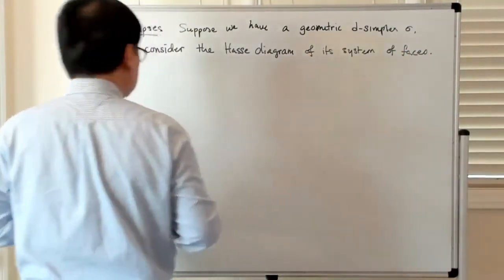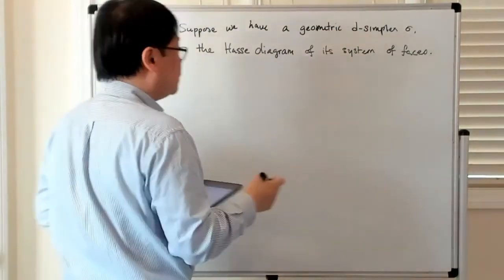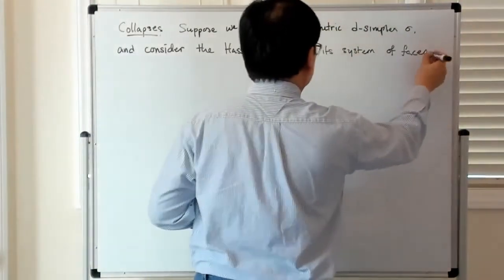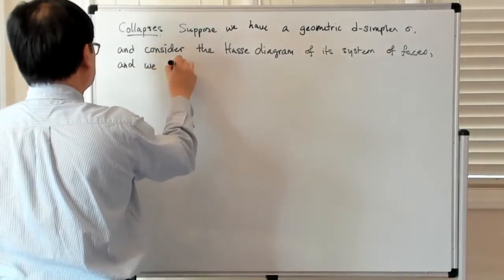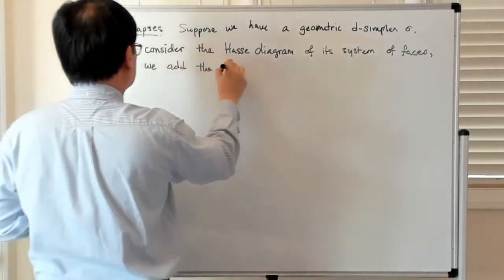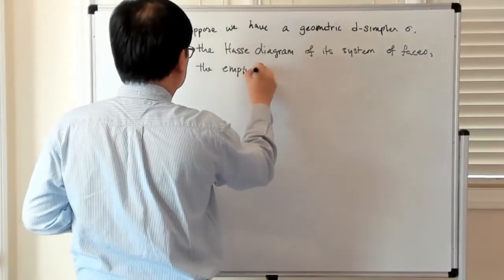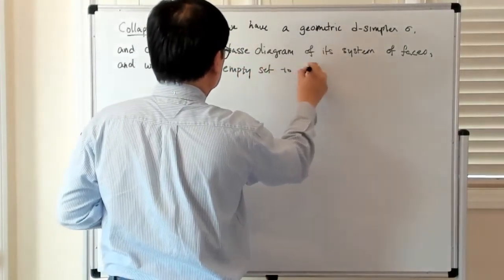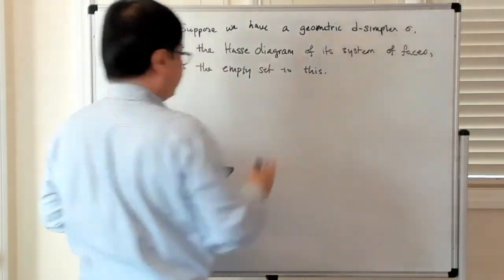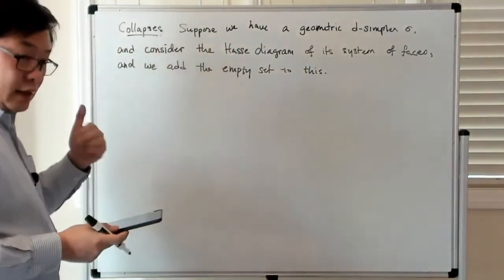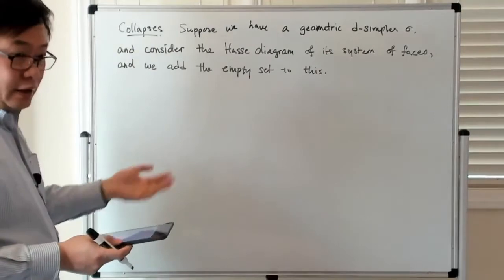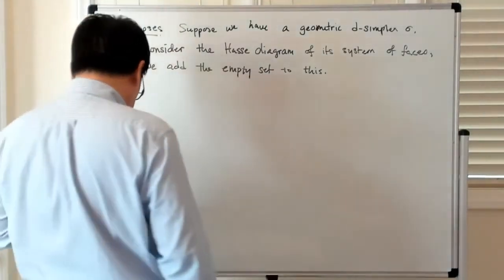Okay, and then we also add the empty set to this, right? And if you recall, the reason for adding the empty set is that it really gives you this Hasse diagram of a simplex which then actually has the structure of a hypercube.